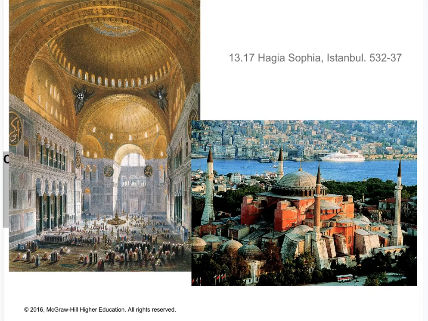Yeah, that would be like these corners that stick out. So the Pantheon was an example of a drum base. Hagia Sophia was an example of a square base or rectangular base with domes on top.